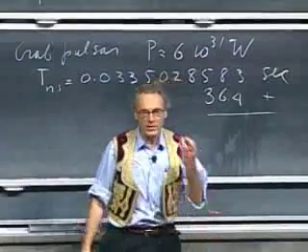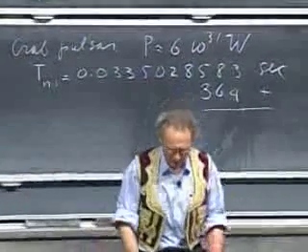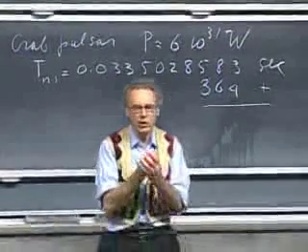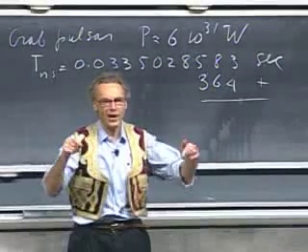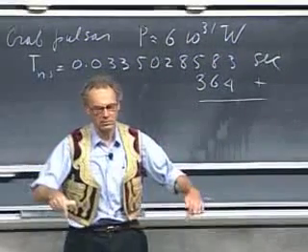That means it's slowing down. The Crab pulsar is slowing down. That means omega is going down. That means 1/2 I omega squared is going down.